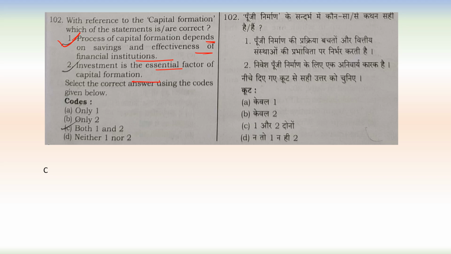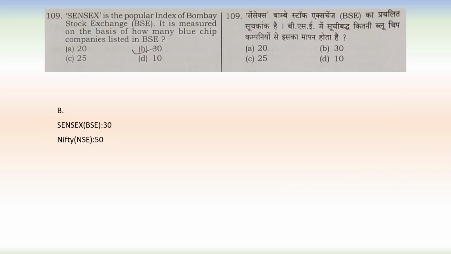Yes, if you have the initial capital and you invest, then it will grow. So investment is the essential factor in capital formation, and capital formation also depends on saving and the effectiveness of financial institutions. Both are correct here, so C is our correct answer.